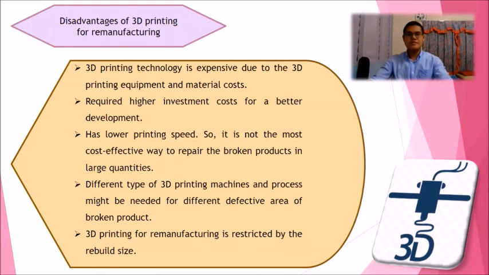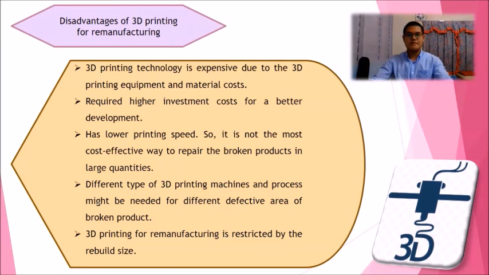Besides, 3D printers have lower printing speed, so it is not the most cost-effective way to repair broken products in large quantities. Moreover, different types of 3D printing machines and processes might be needed for different defective areas of a broken product. Hence, post-processing is required for a better quality of the product.